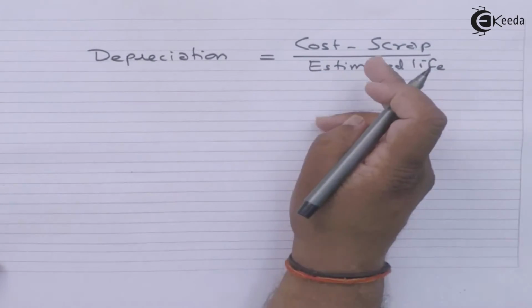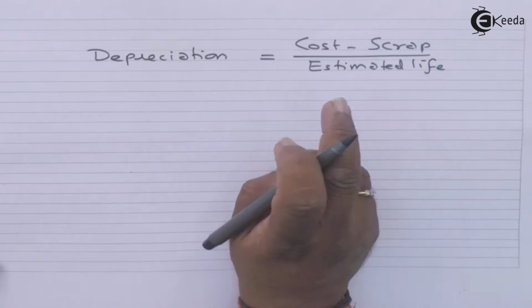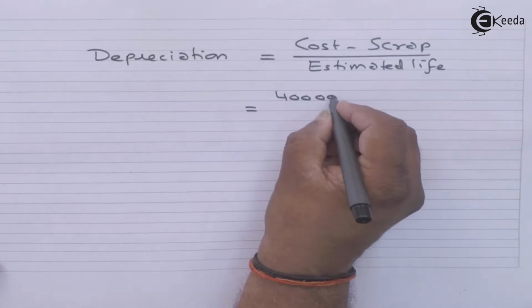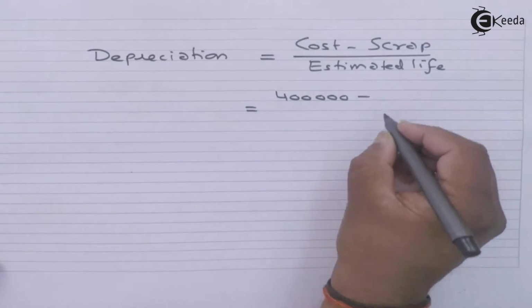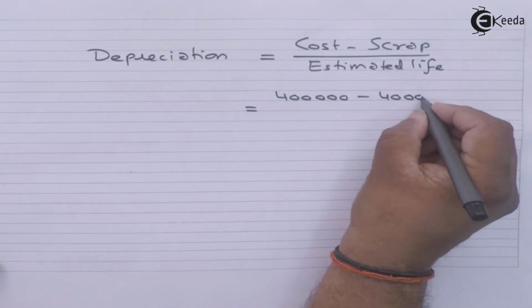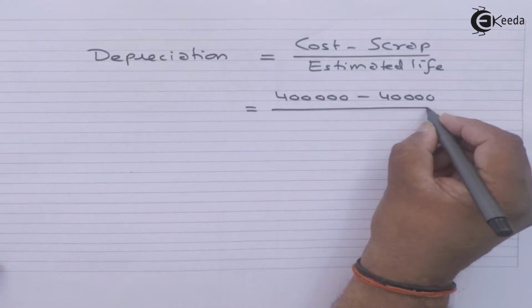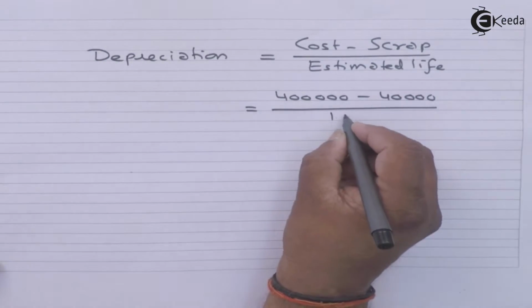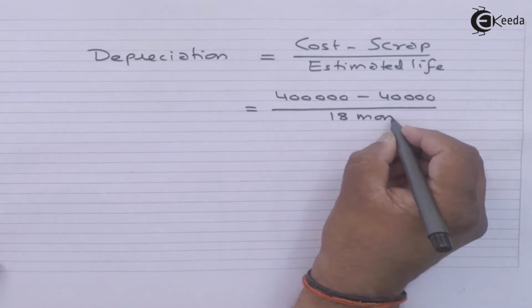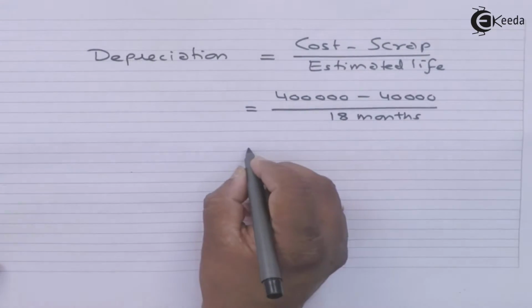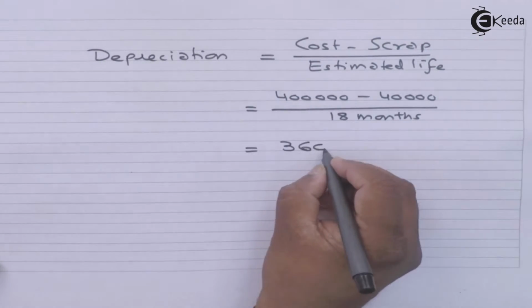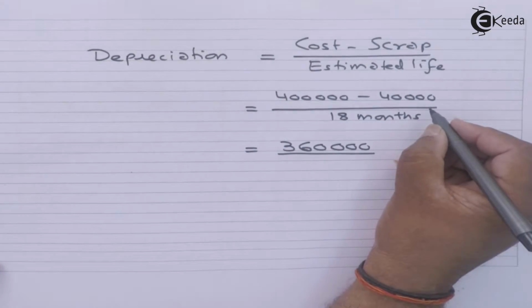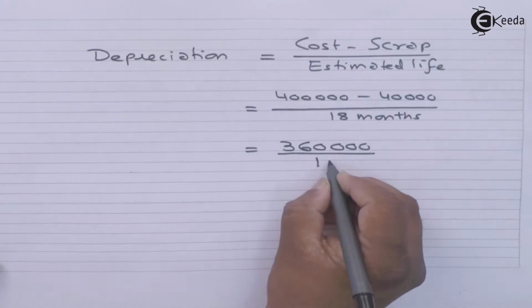Depreciation will be equal to cost minus scrap value divided by estimated life. Cost here is 4 lakhs, scrap value is given as 40,000, divided by estimated life, that is contract life, 18 months. Four lakh minus 40,000 is 3,60,000, divided by 18.